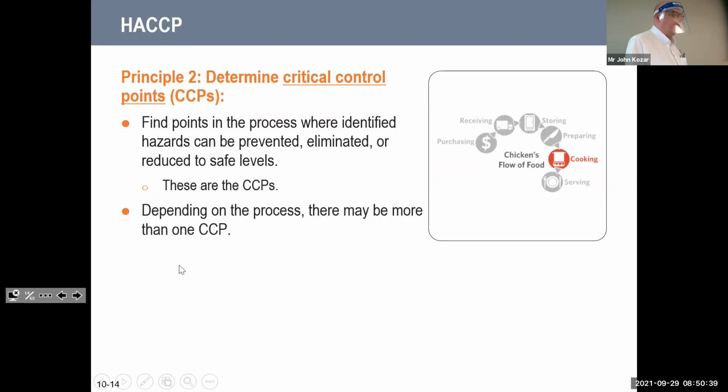There could be more than one, but in this case, the way we know we can avoid the main cause of foodborne illness with chicken is to cook it to the proper temperature. So we are confident that that's going to be our only critical control point.